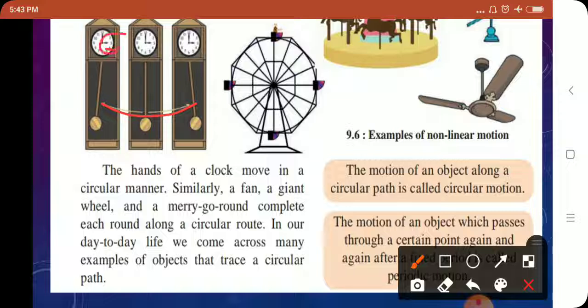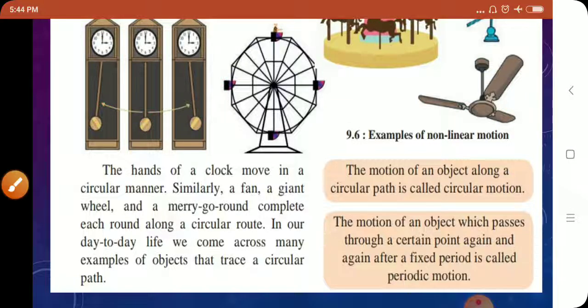These are small one, big one, and second hand is also here. So these are all called the hands of the clock. Hands of the clock move in a circular manner. Similarly, a fan, a giant wheel, and a merry-go-round complete each round along a circular route.